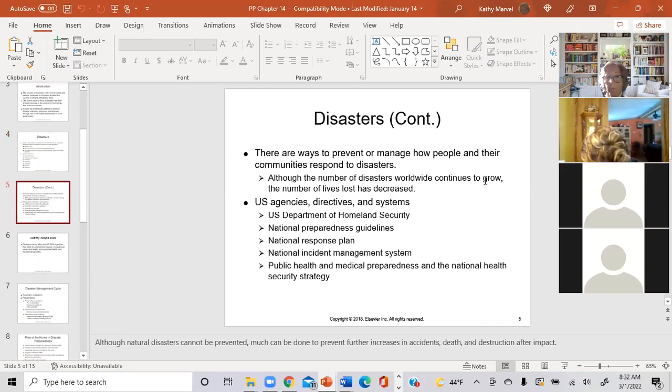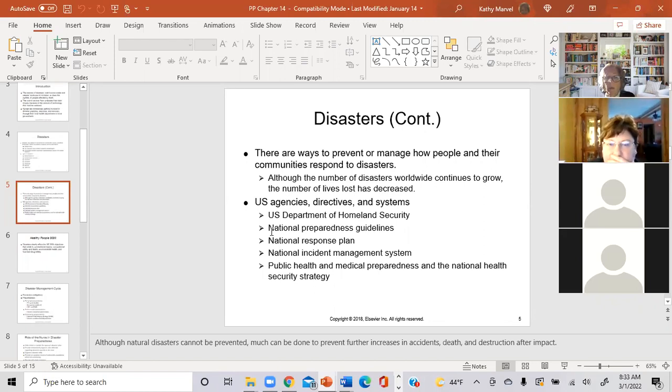There are always ways to prevent or manage how people in their communities respond to disasters. Okay. What are some US agencies, directives, and systems that are part of disaster management? Okay. Here's a list of them. And again, when you go back and compare your notes from these PowerPoints to the study guide, it starts to limit what we need to know.